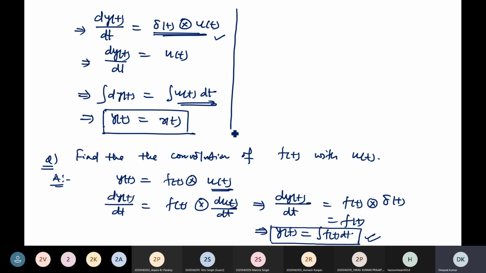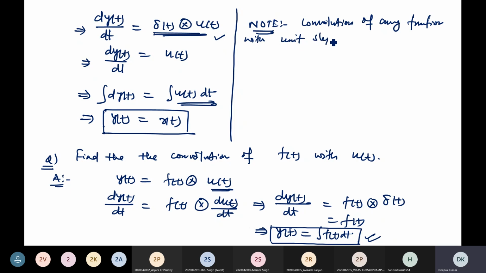Now you can make a note that convolution of any function or any signal with a unit step signal gives the integration of the function.